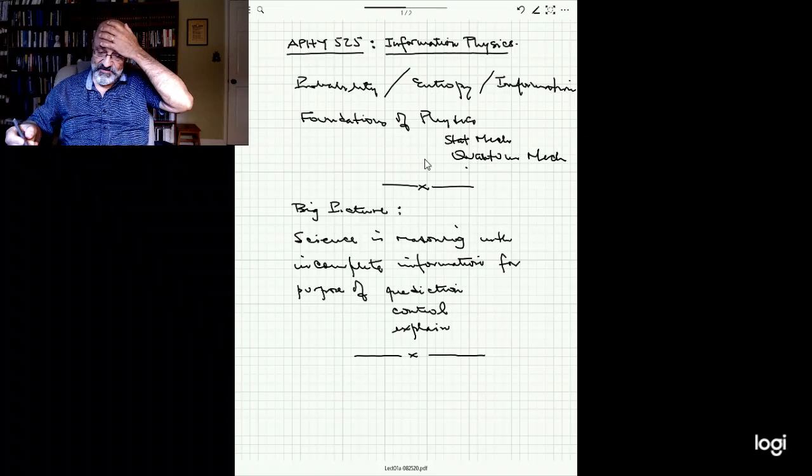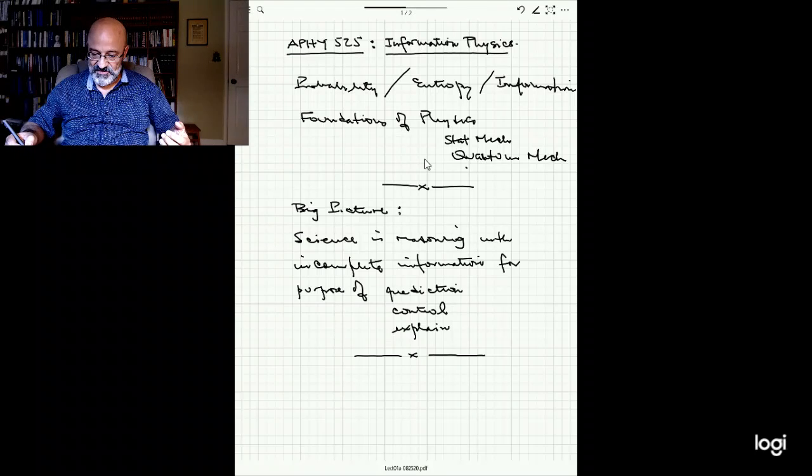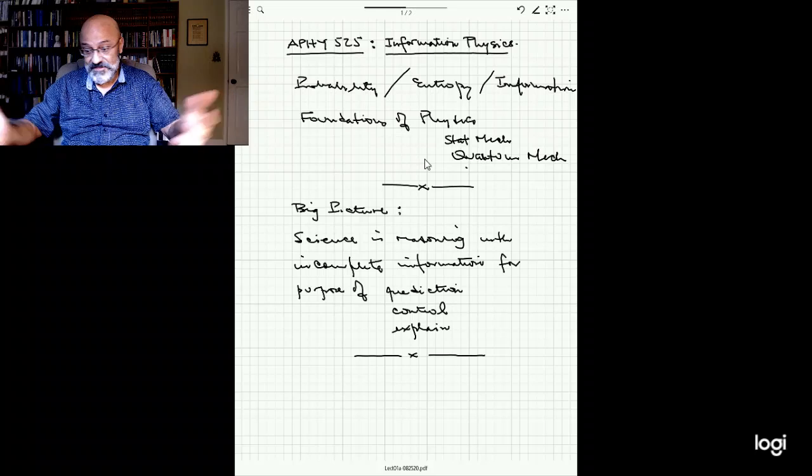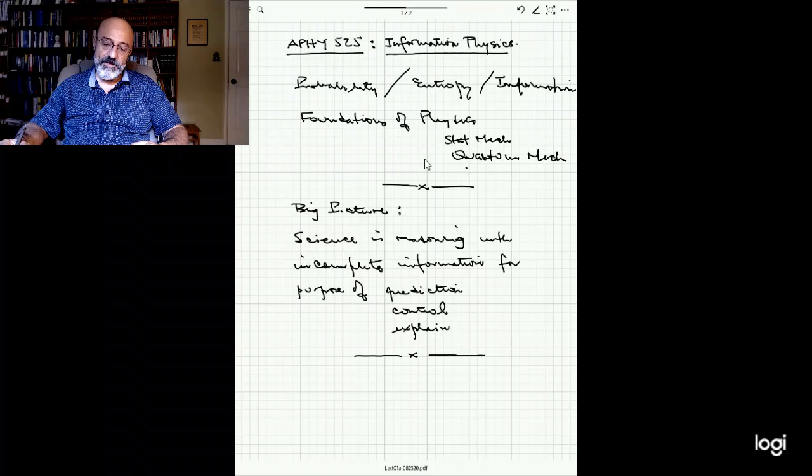I mentioned physics before, but in all sciences you want to predict, control, and explain. And in all sciences you have incomplete information. So part of what we're doing here is talking about features of science that are completely general. It is true that physicists have managed to be the most systematic about how we handle this. The social sciences perhaps are the less systematic. But nevertheless, this is something that's common to all of science.